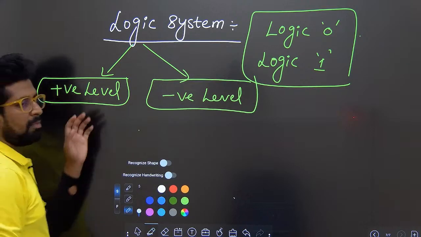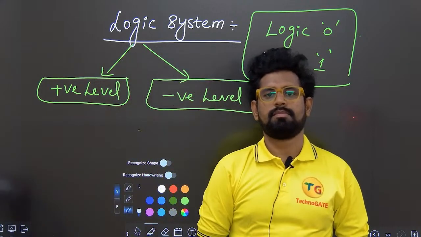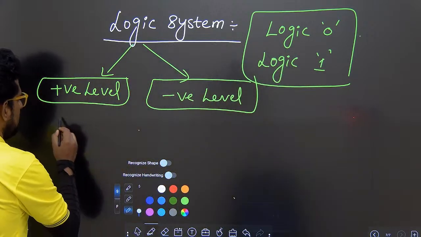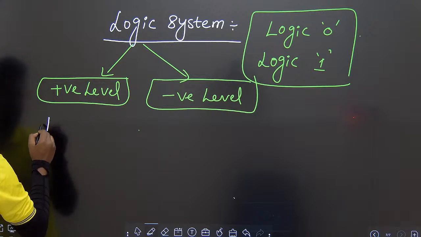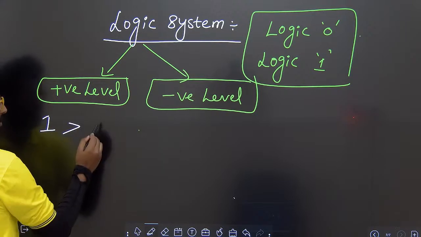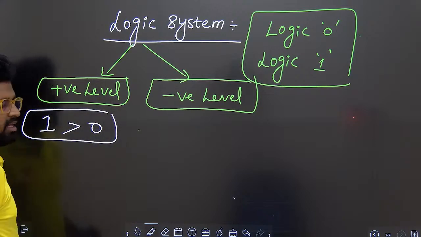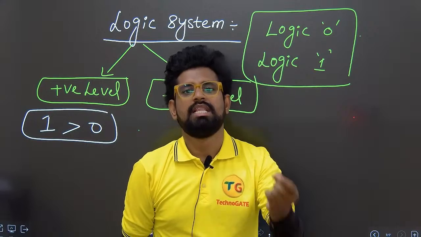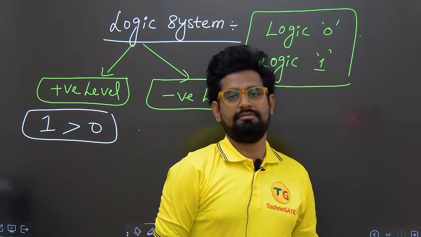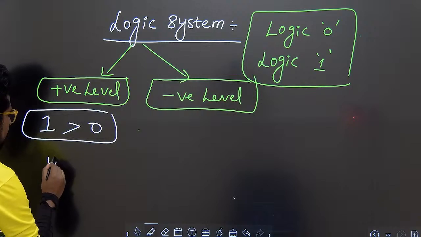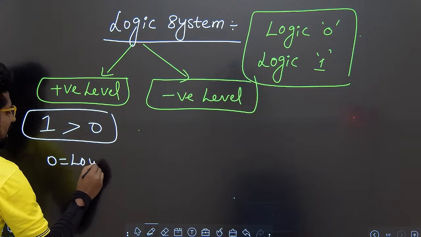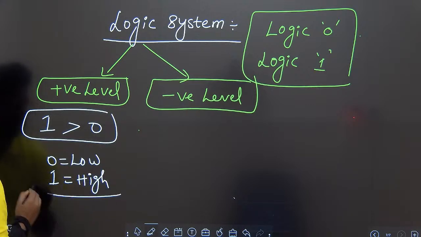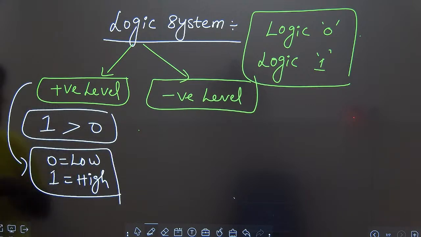Then what is meant by positive level logic system? In the positive level logic system, you can observe the presence of logic 1 is greater than the presence of logic 0. That means here 0 is considered as low level and 1 is considered as high level. So that is positive level logic system.